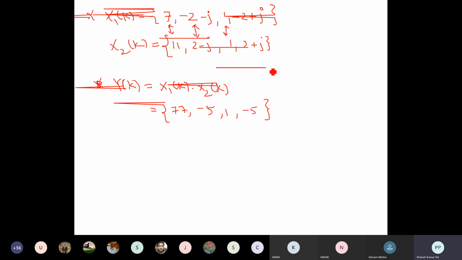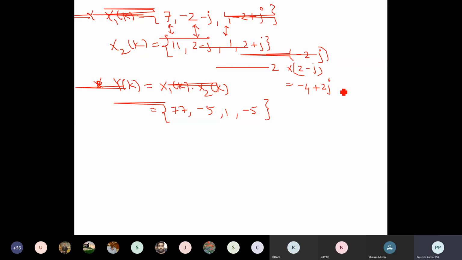So suppose we are multiplying minus 2 minus j and 2 minus j. Okay, so we are multiplying these two terms. To multiply these two terms, we will multiply individually. So minus 2 will be multiplied by 2, it will be minus 4. Minus 2 will be multiplied by minus j, it will be plus 2j.